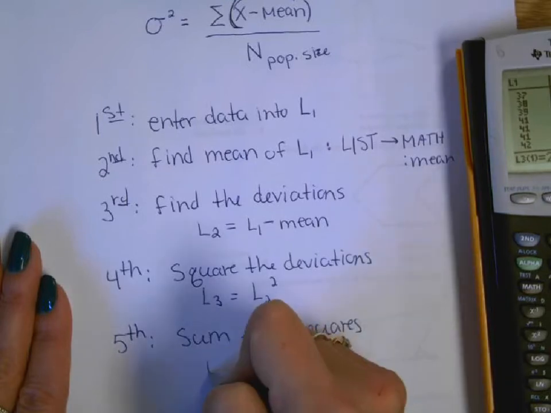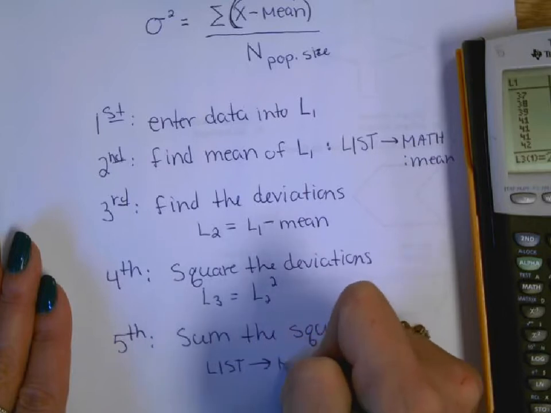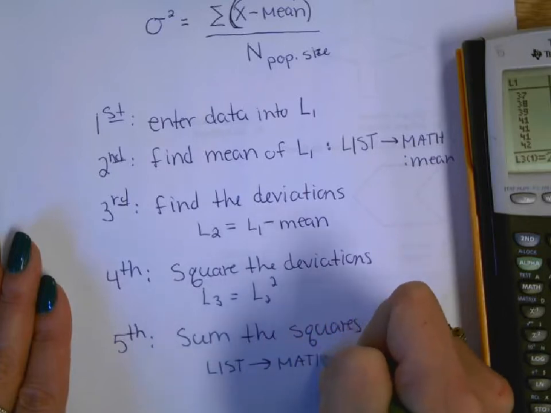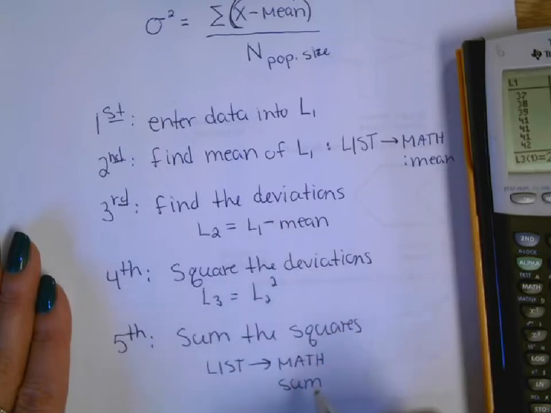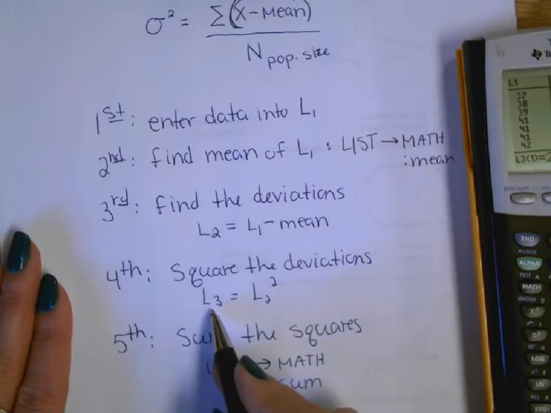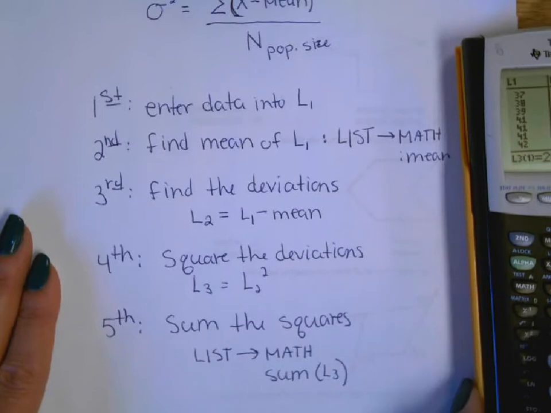So we're going to go under list, go over to math, look for sum, and the numbers I want to sum up are sitting in L3.